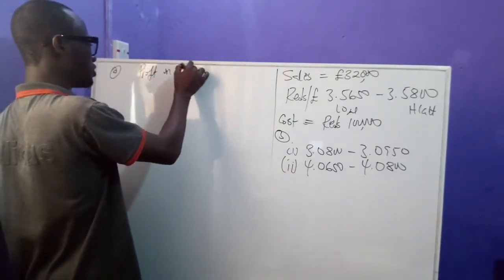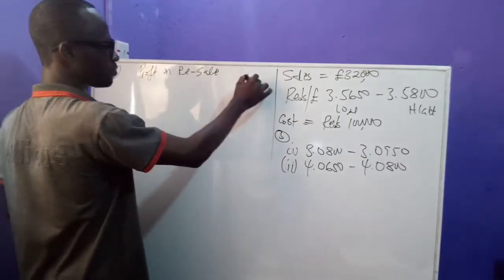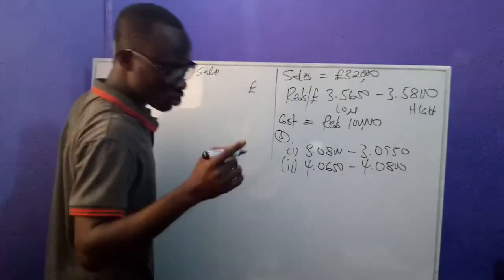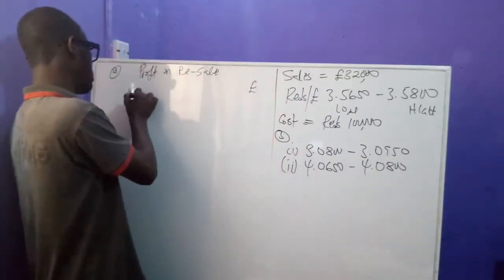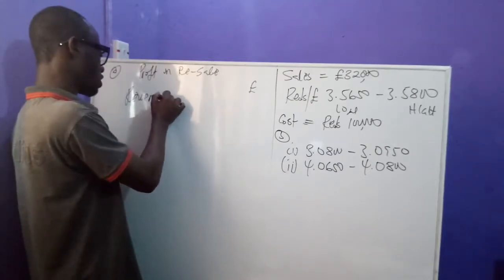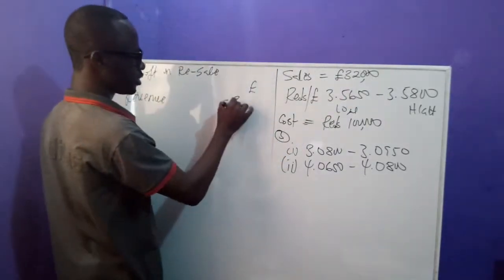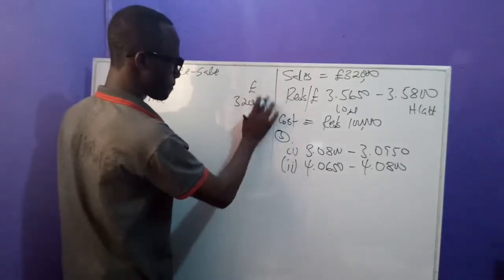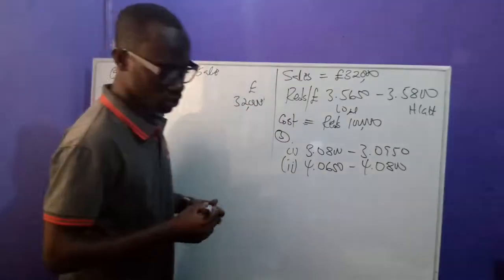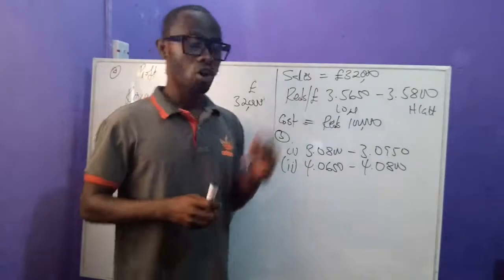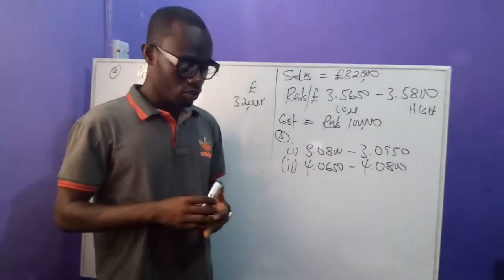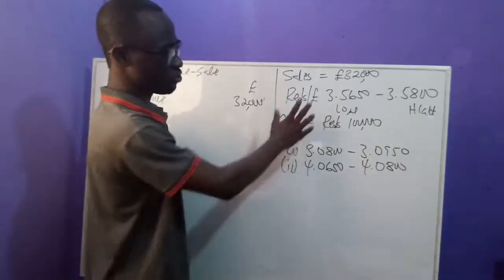So in pounds, the revenue from the resale will be brought, and we are told that it's going to be 32,000. Then we are told that the goods cost 100,000 reds. Now, if the goods cost 100,000 reds, look at the exchange rate.